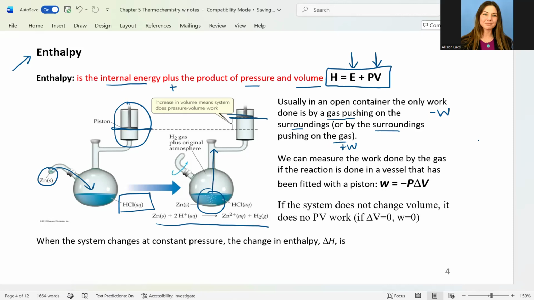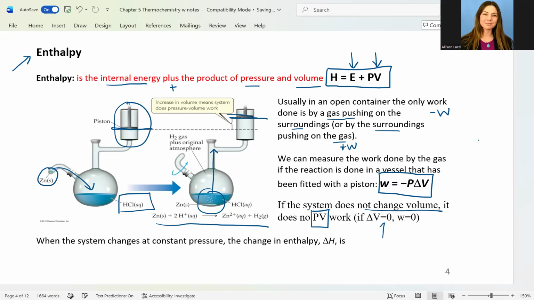So we can actually measure the work that's done using this relationship here, where work is equal to negative P delta V. So the change in volume times the pressure value. And we can see that if the system does not change volume, it does no PV work. So that brings us to another relationship.